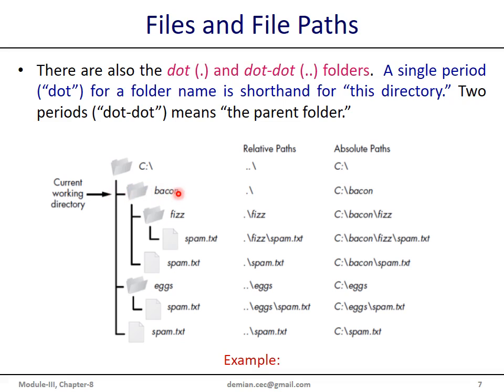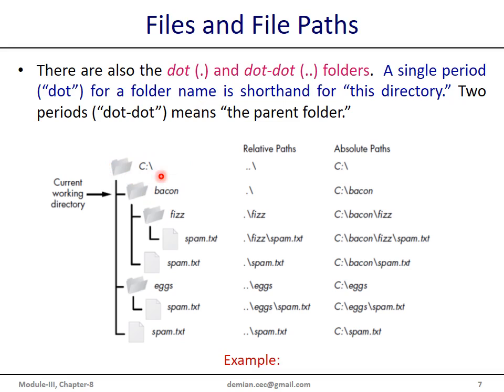C is the root, which is also the parent of the current working directory, and X is a sibling of the current working directory, and the file spam.txt is also a sibling of the current working directory. Let's see how we can use relative paths and absolute paths in the shorthand notation.